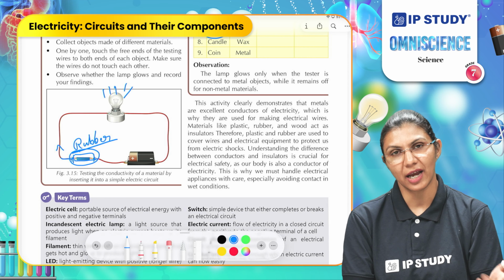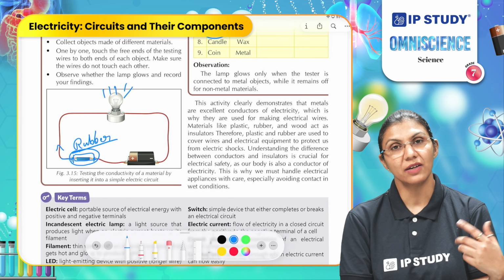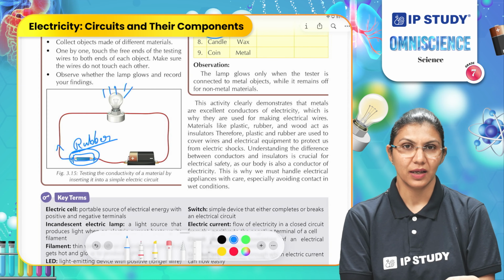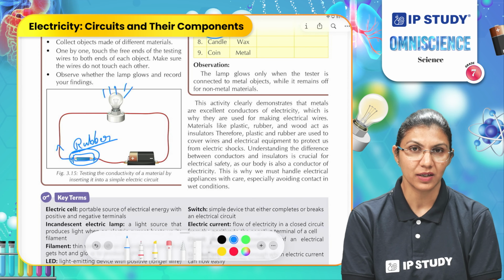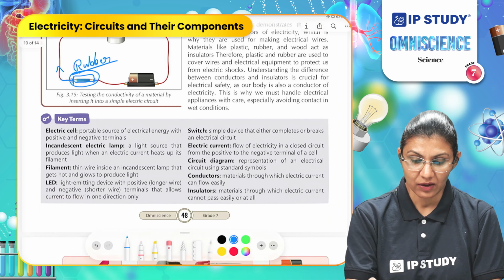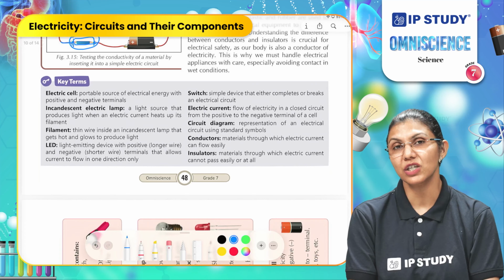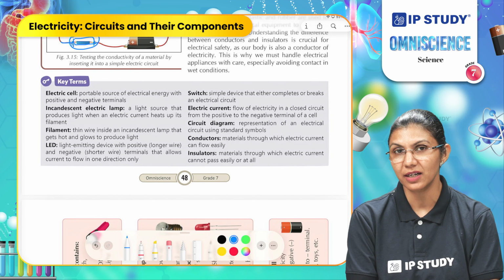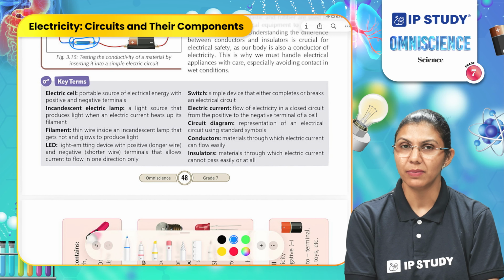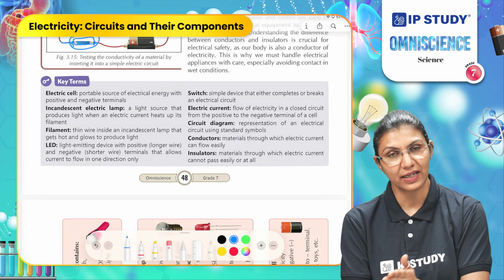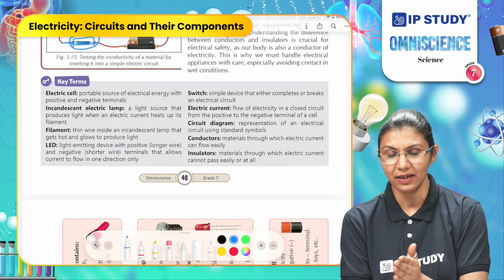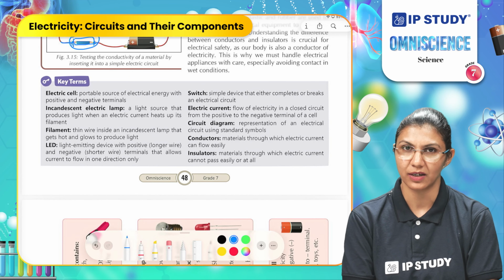A switch regulates whether the current circuit will be completed or broken to flow the current through this. And we understood the classification of materials based on their ability to allow the current to pass through them, and we divided the material as conductor and insulator based on that property.